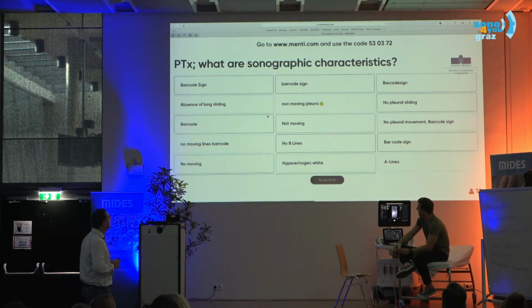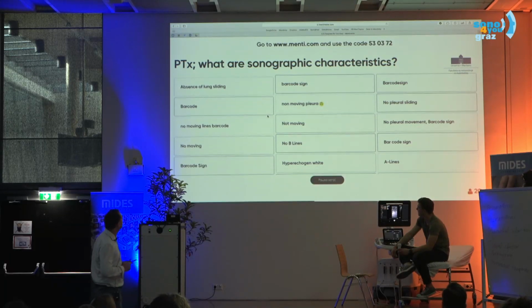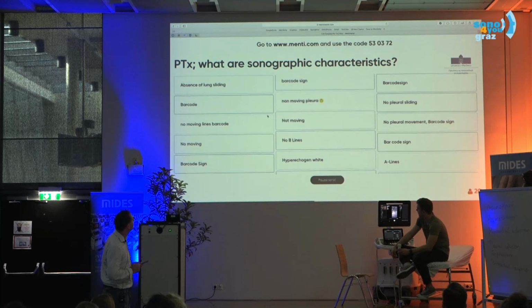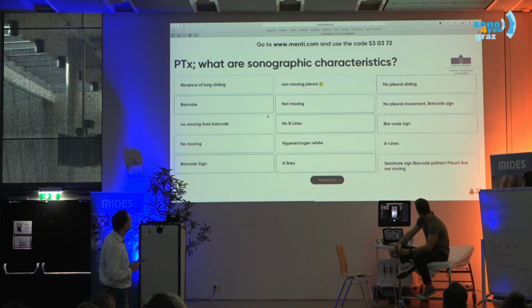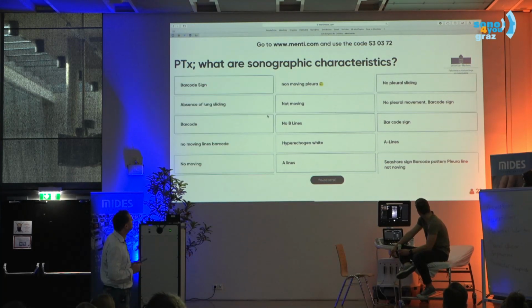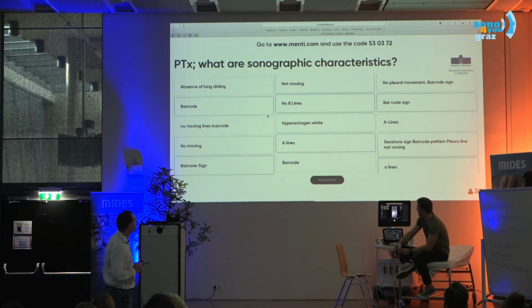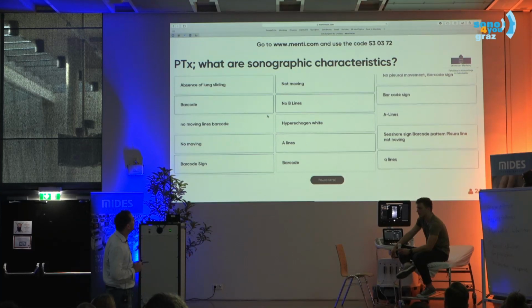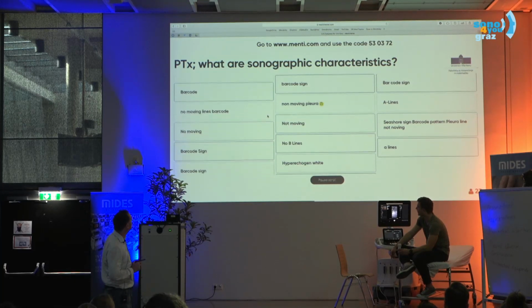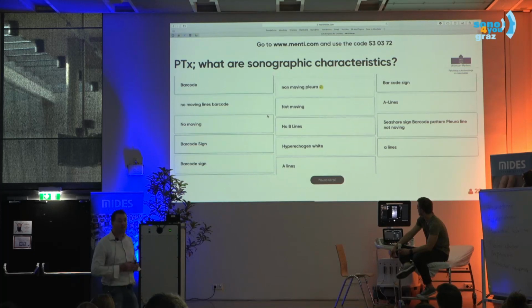Yeah. Okay, makes sense. Anyone else? No moving, barcode sign. Barcode, seashore sign, pleural line not moving. Okay, very good. Hyperechogenic white. Okay, we get the point.